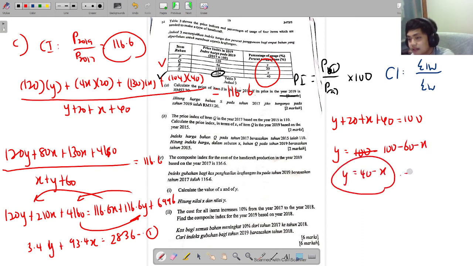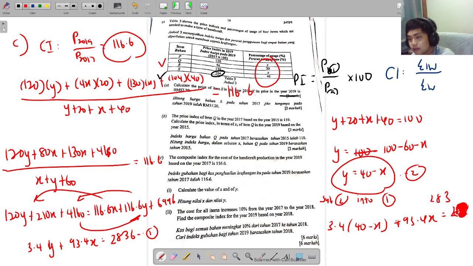So I can sub 2 into 1. So 3.4 times (40 minus x) plus 93.4x equals 2836. So 3.4 times 40 is 136, then 3.4x plus 93.4x equals 2836.